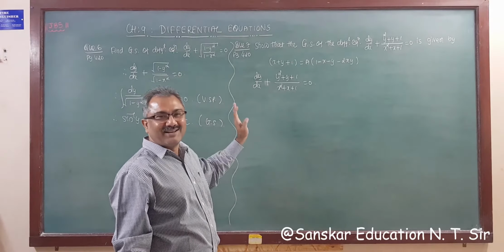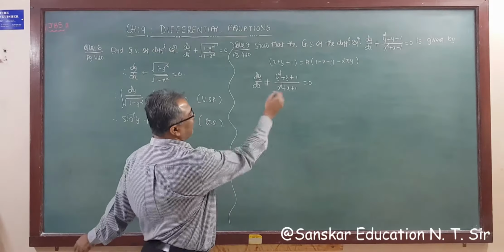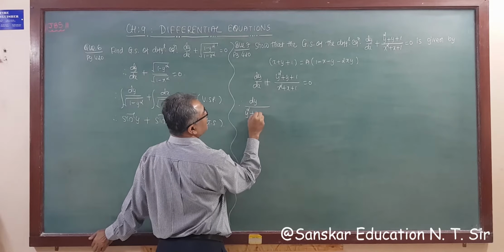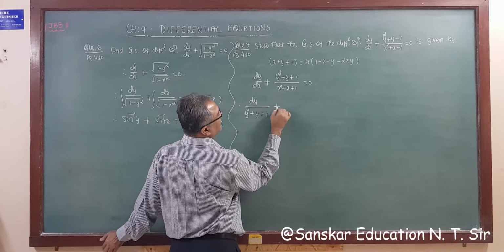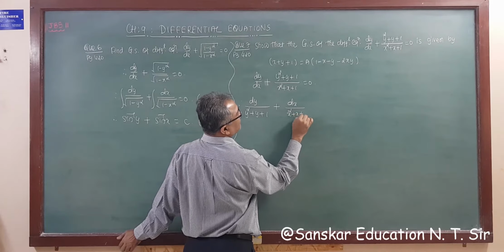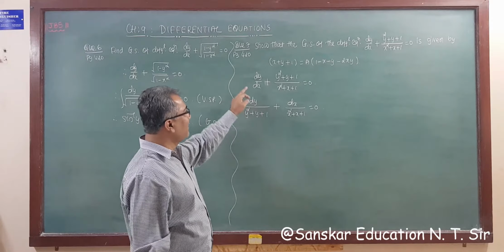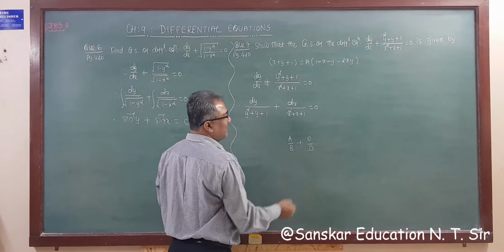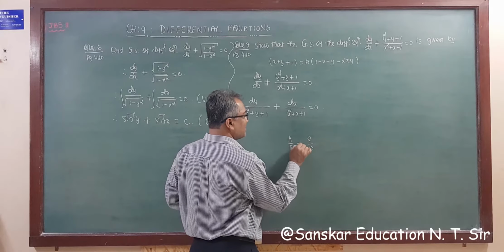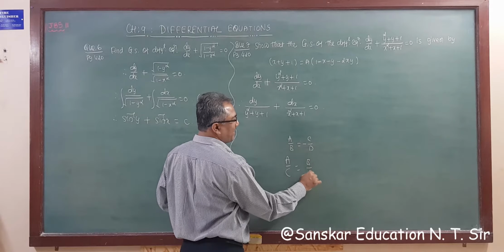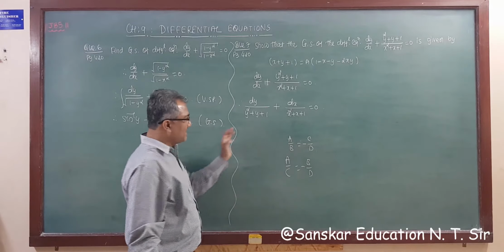So this is dy upon y square plus y plus 1 plus dx upon x square plus x plus 1 is equal to 0. Are you following this? It is like a upon b plus c upon d, so taking it to the other side it becomes minus, and then a upon c is equal to b upon d with a minus sign, and bringing it back here it will be the same.